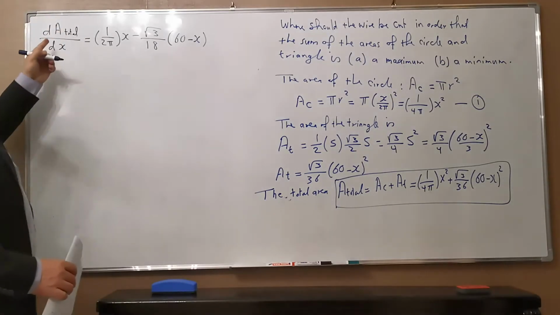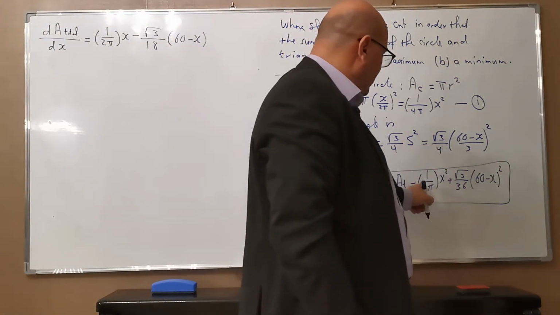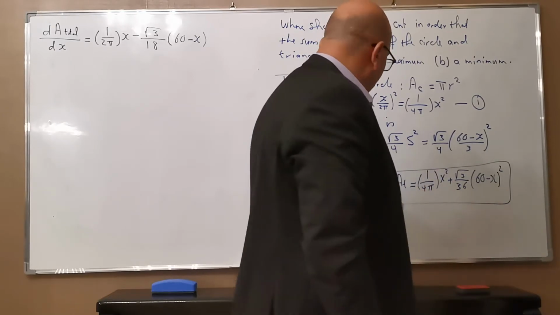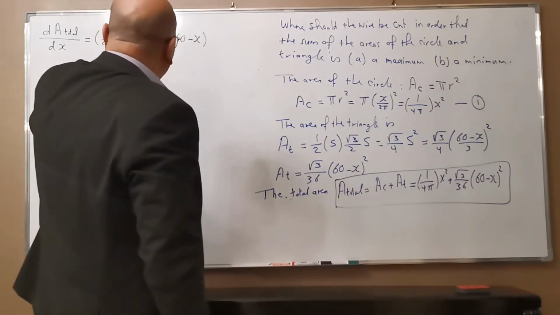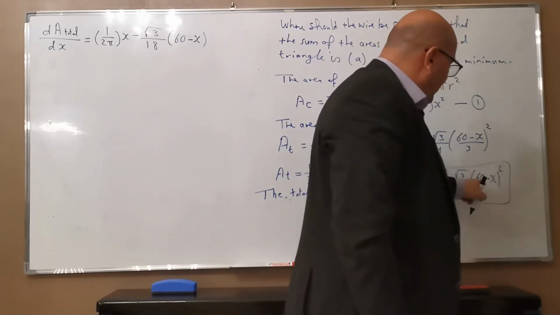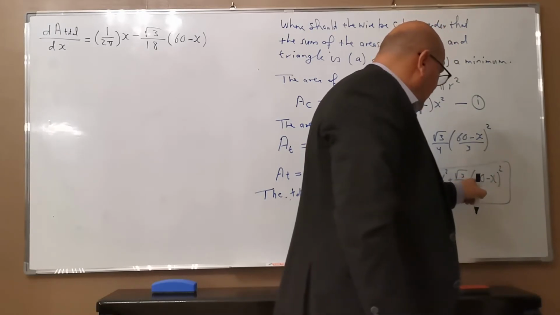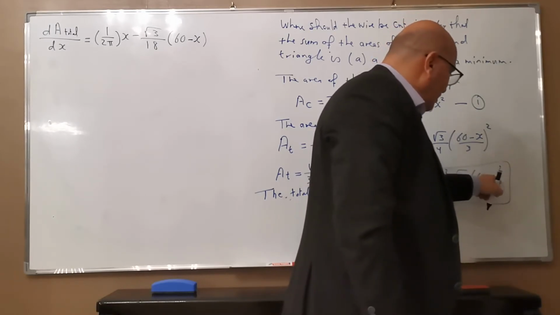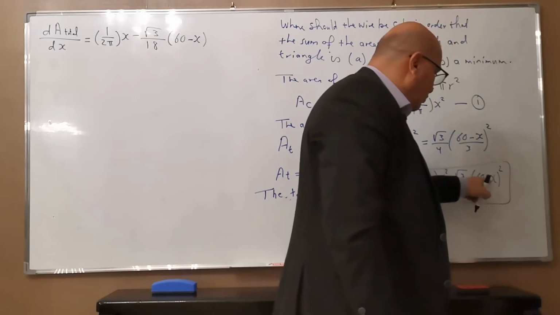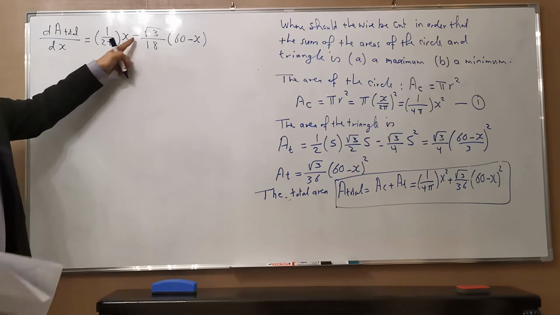Okay, please do the differentiation. The differentiation of this one is 2x, so the 4 with 2 will cancel with each other. The differentiation of this one is (60 minus x) squared, then the 2 will come here, 60 minus x times the differentiation of the one inside, which is minus 1. So this is why you have a minus sign here.